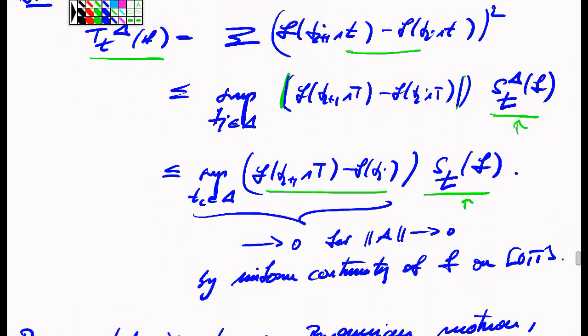But this maximal increment of the function f over any of those pairs of grid points converges to 0 if the mesh size of the grid converges to 0, because the function f is assumed to be continuous.